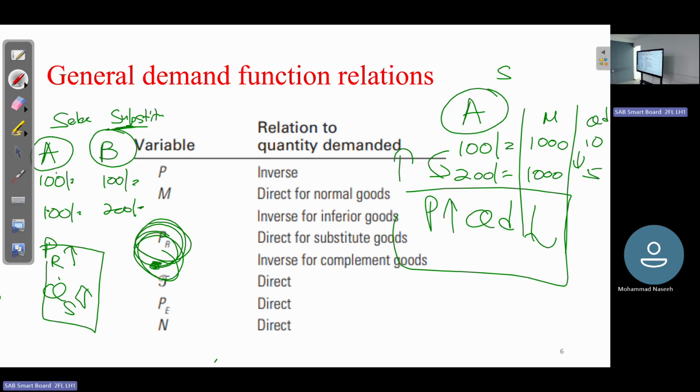As a result of that, the selected product becomes cheaper.